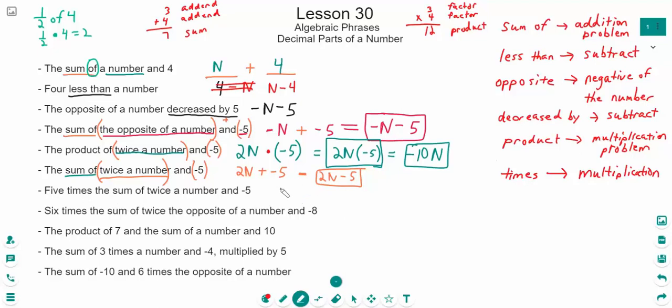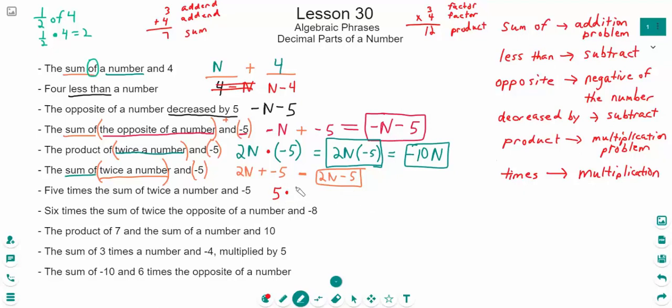Let's think about that. It's 5 times a sum. A sum. All right, so what does that mean? Well, we're multiplying this 5 by an addition problem. Remember, sum. It means addition. Sum of, addition problem. So 5 times the sum of. Well, it's 5 times an addition problem.